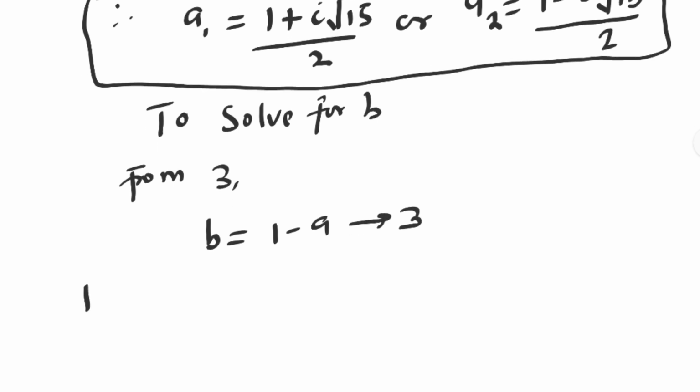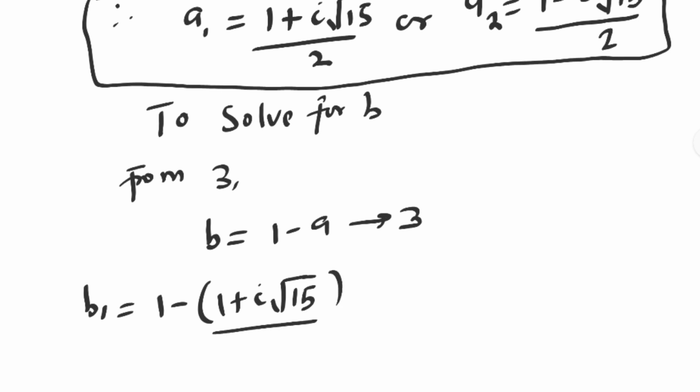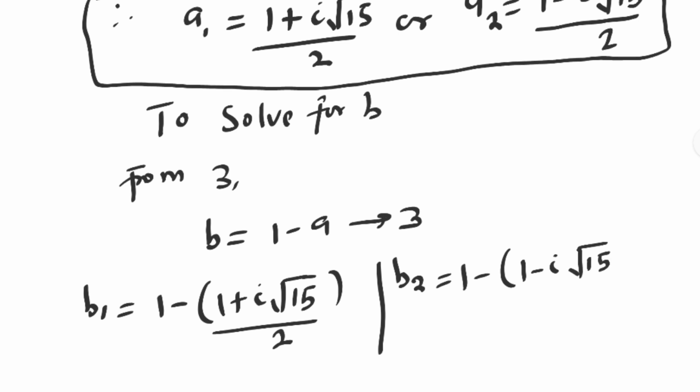Now B1 is equal to 1 minus A1, which is 1 minus 1 plus I square root of 15 all over 2, or B2 is equal to 1 minus 1 minus I square root of 15 over 2.